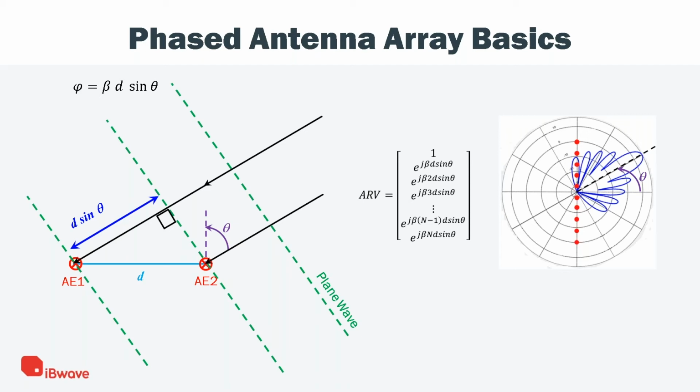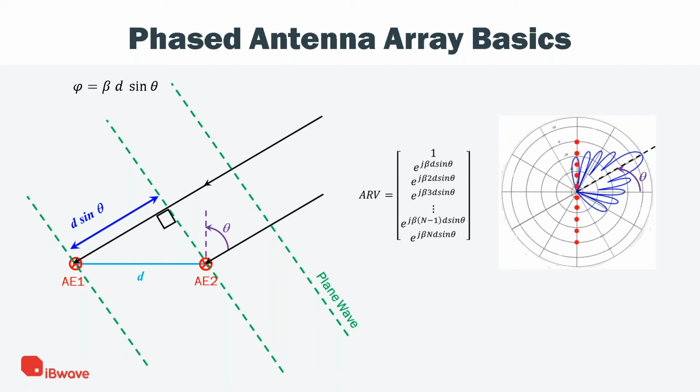As we know in propagation, the difference in distance will be reflected in a difference in phase between these 2 plane waves at antenna element 1 and antenna element 2. This difference in phase is shown here on the top as phi, which depends on the propagation constant, the wavelength, and this difference in distance, which is sine theta.